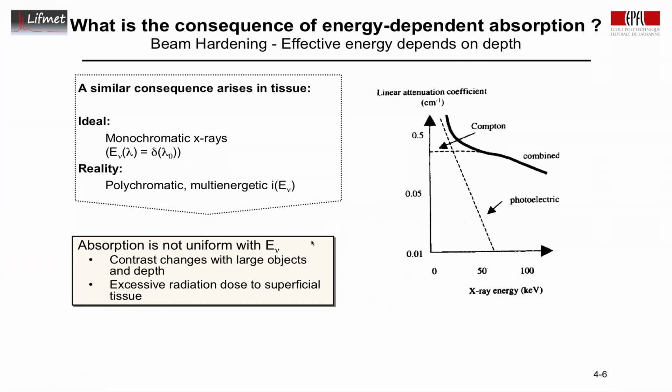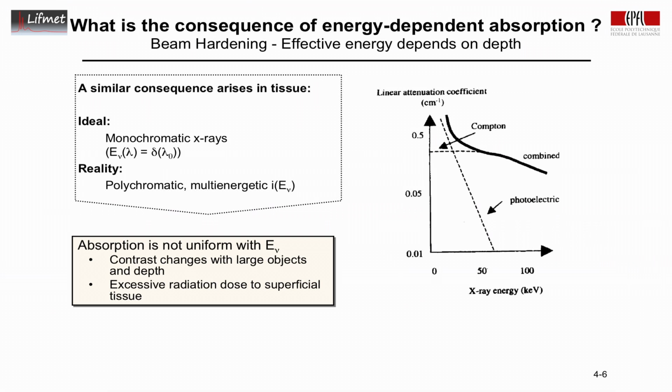So let's talk about the first consequence, contrast changes with large objects. As the X-rays impact the tissue, let's say we have a distribution of X-ray energies over this range, we have first a removal of the intensity at the low photon energy. So we have a contribution of the photoelectric effect to the contrast mechanism.